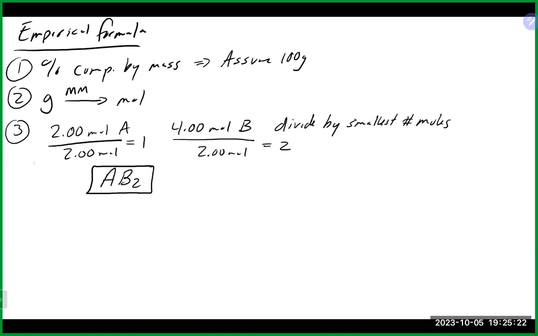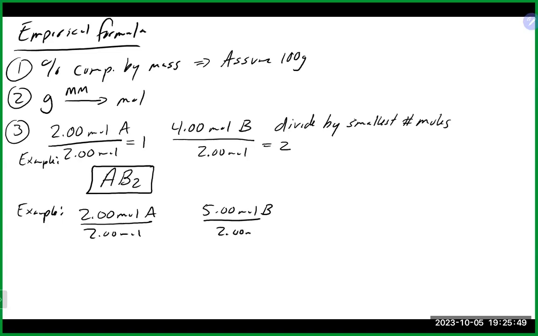So let's just say another example, and we converted everybody to moles. Let's say we had our 2 moles of A, but in this case, we had 5 moles of B. So again, in this case, we would be dividing by 2, which is our smallest. That gives us 1.